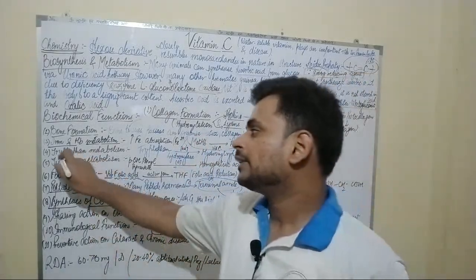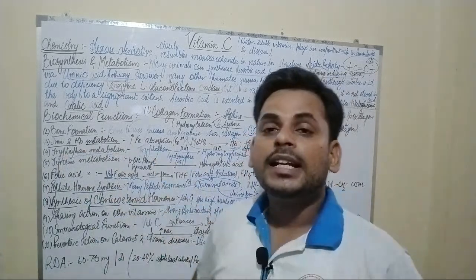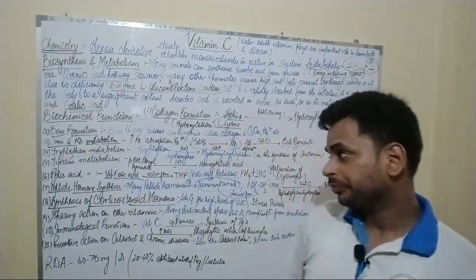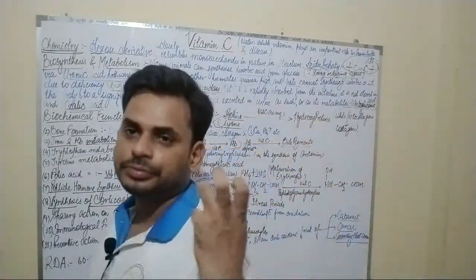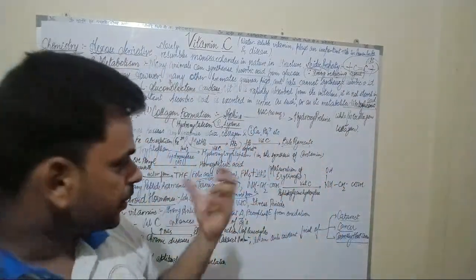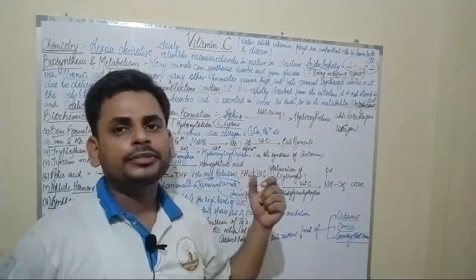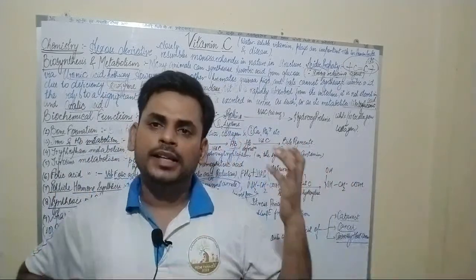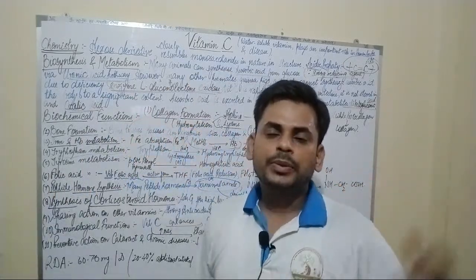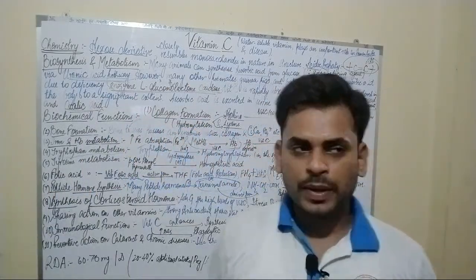Moving on to the next very important biochemical function, it is the tryptophan metabolism. So students, you might be well aware that during the synthesis of the vasoconstrictor serotonin, serotonin and histamine are a large variety of the vasoconstrictors and vasodilators.